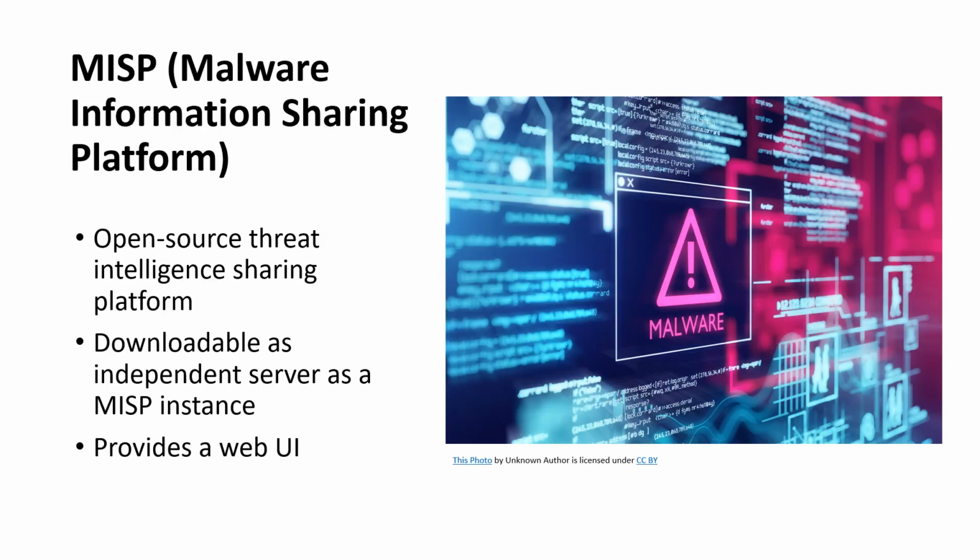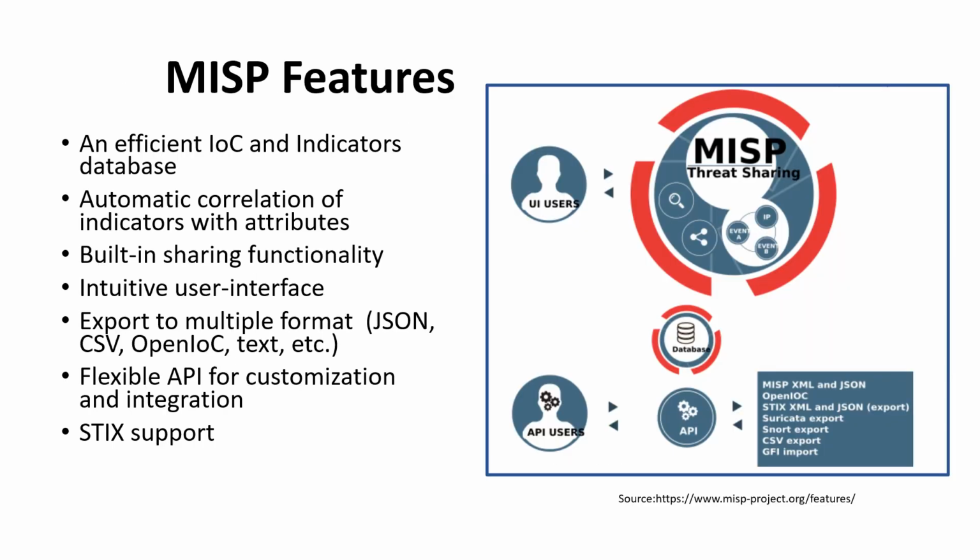MISP is an open source threat intelligence sharing platform that can be freely downloaded as an independent server or an instance. MISP offers the following features. It provides an efficient IOC and indicators database. It provides an automatic correlation of indicators with attributes.